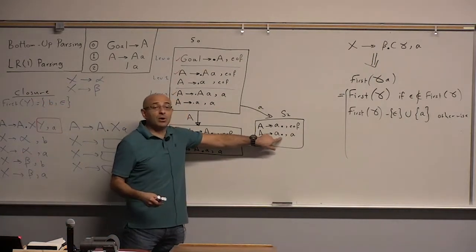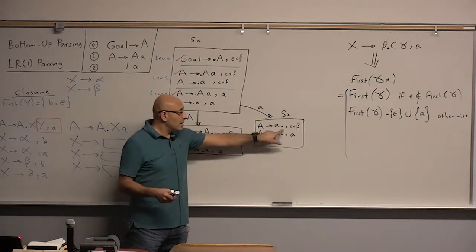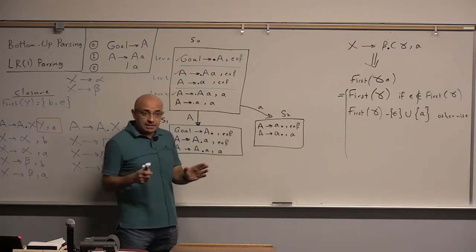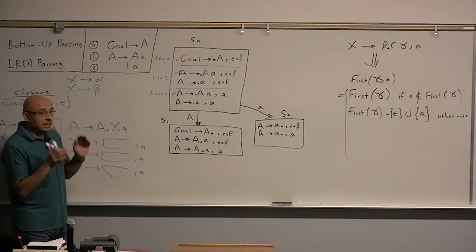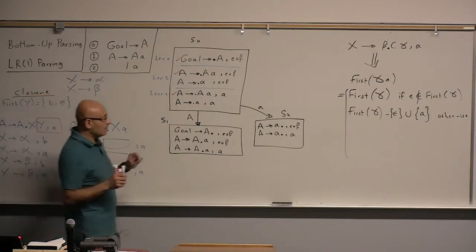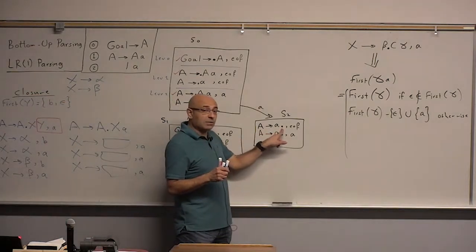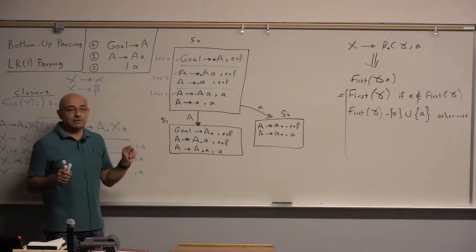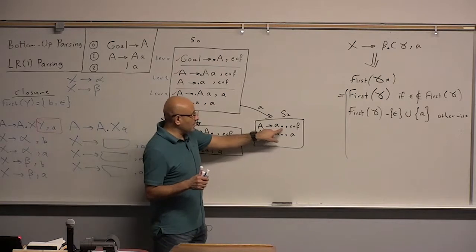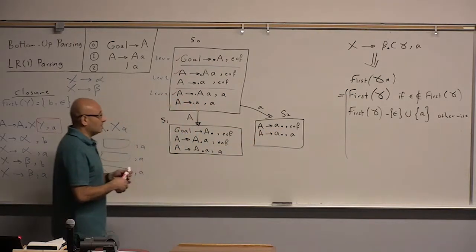So when the placeholder reaches the end of a production, this means that what we have recognized so far is ready for a reduction.